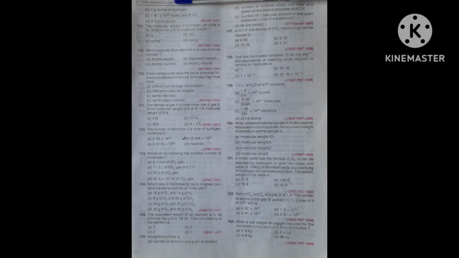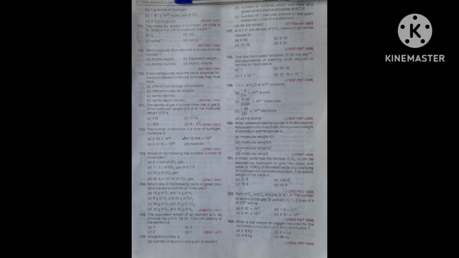What is the weight of oxygen required for the complete combustion of 2.8 kg of ethylene? Again I am reading. What is the weight of oxygen required for the complete combustion of 2.8 kg of ethylene?